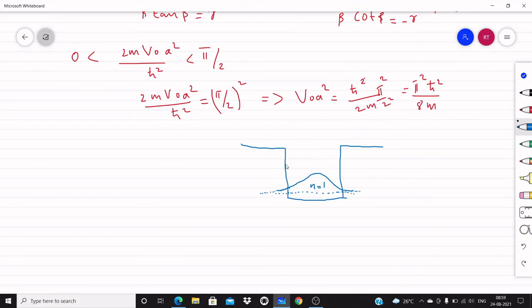And for n is equal to 2, you can see that it is anti-symmetric.